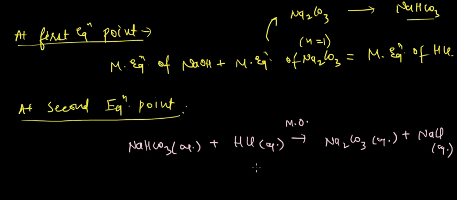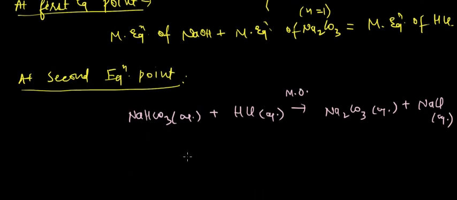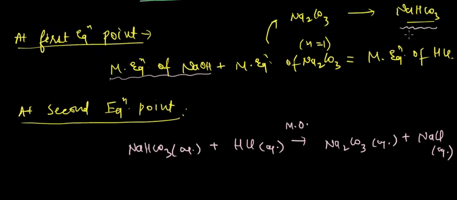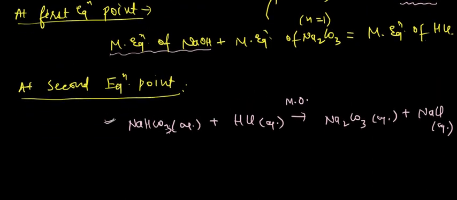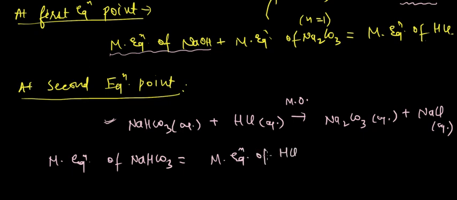Okay, so at the second equivalent point, in the first equivalent point complete equivalents of NaOH will be exhausted and NaHCO3 would be formed because of titration of Na2CO3 with HCl. So now only NaHCO3 is remaining in the mixture, that's why we are reacting only the NaHCO3 remaining in the mixture with HCl. So at the second equivalent point we can say that milli equivalent of NaHCO3 would be equal to milli equivalent of HCl for the second titration or second equivalent point.